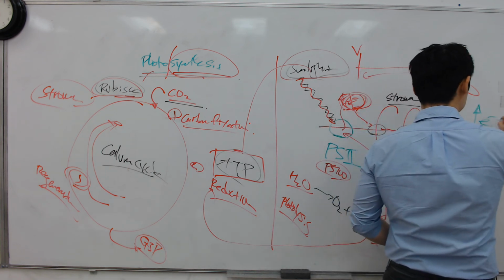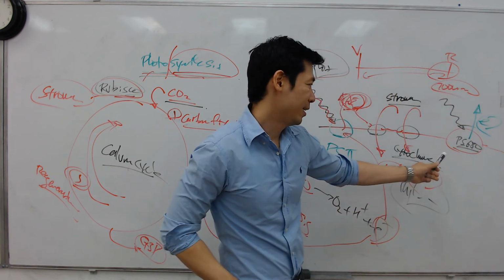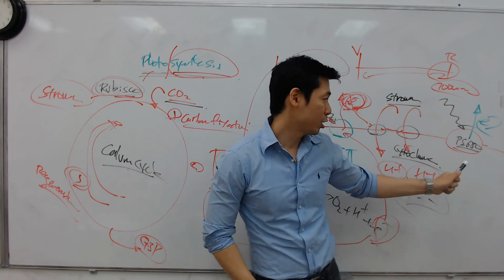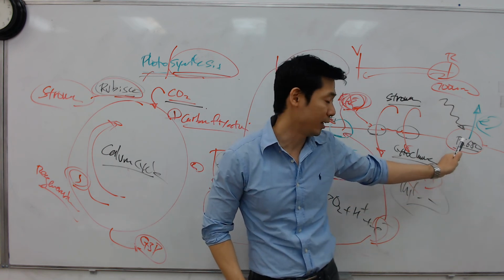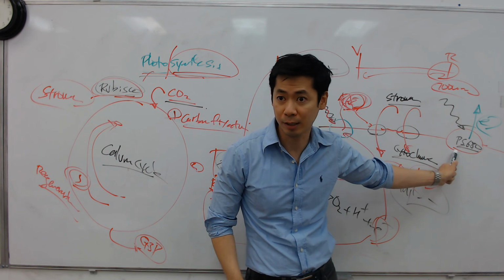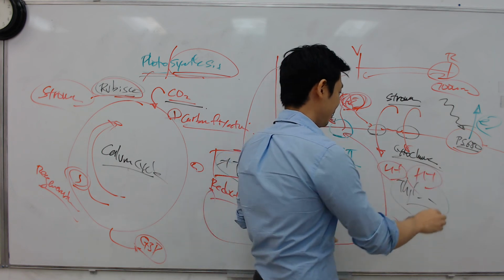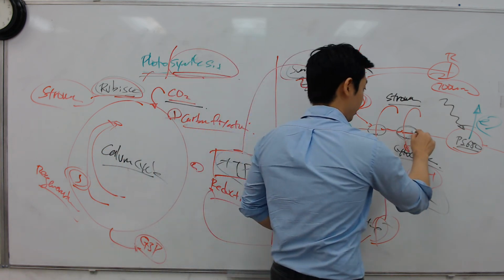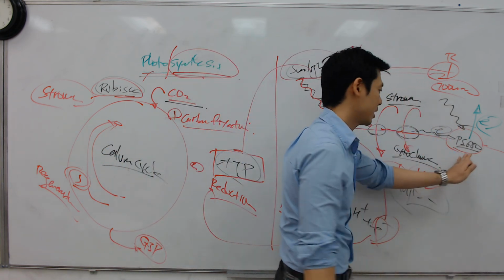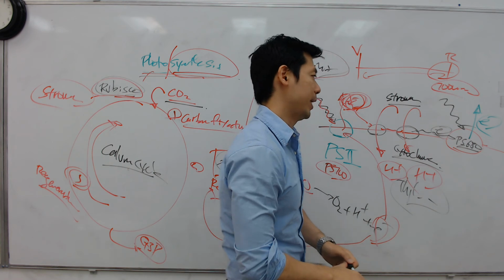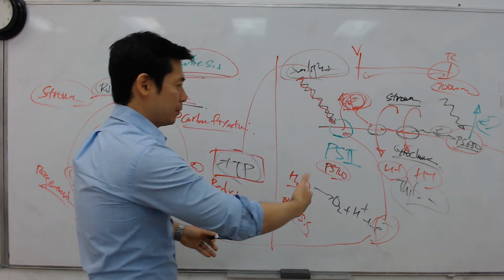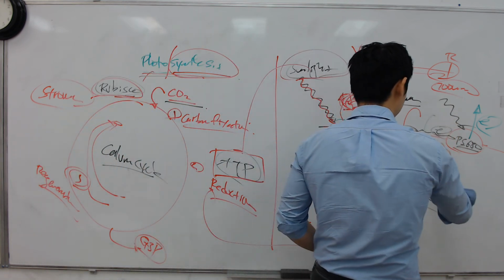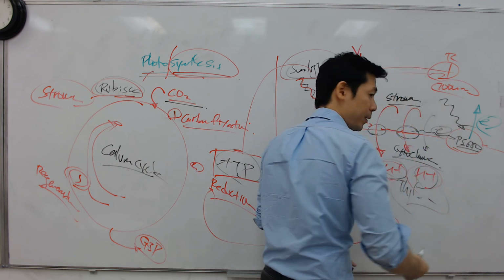What replenishes the electron lost by this one? The electron from photosystem 2 can replenish photosystem 680. Then they keep on pumping H+ into the thylakoid space.